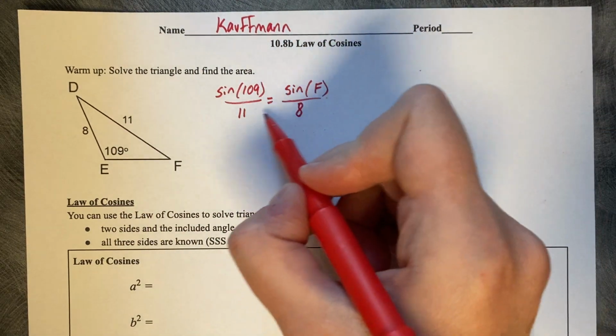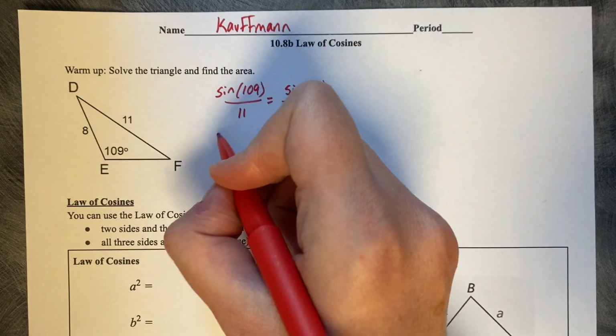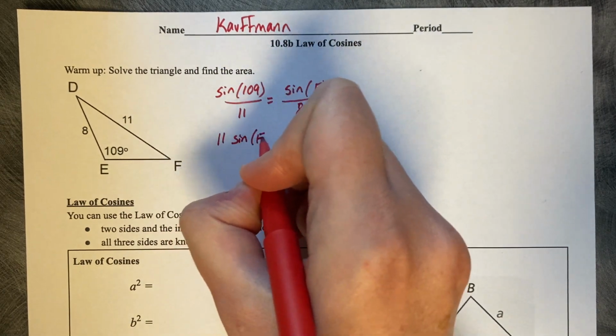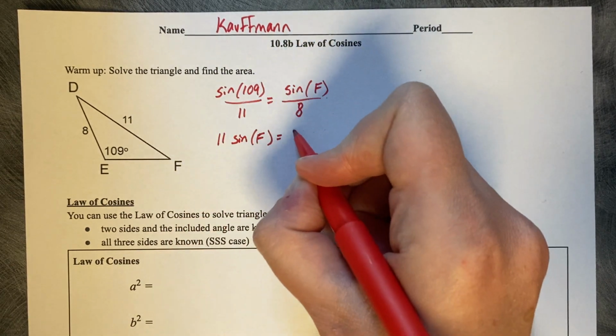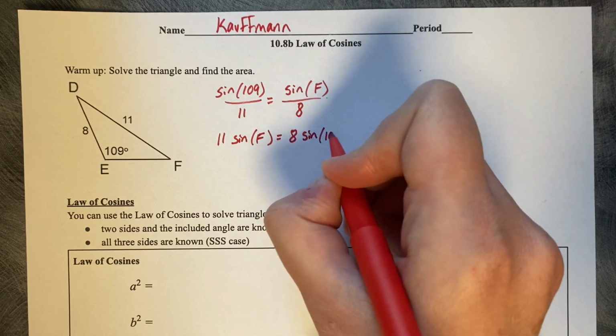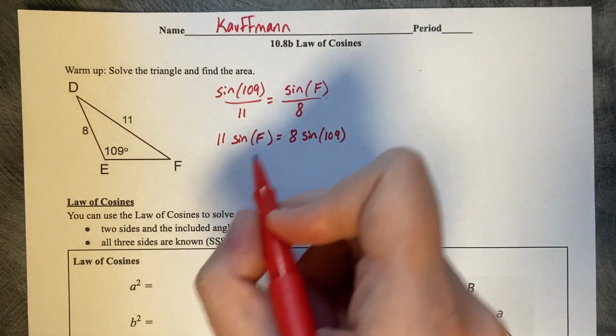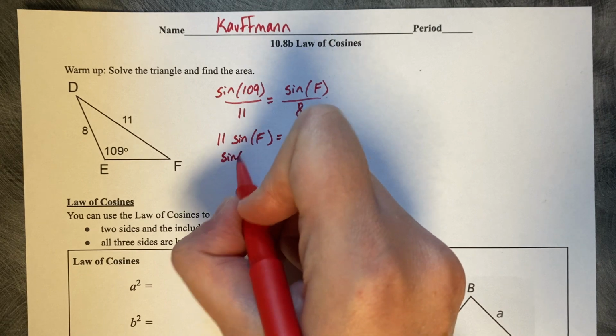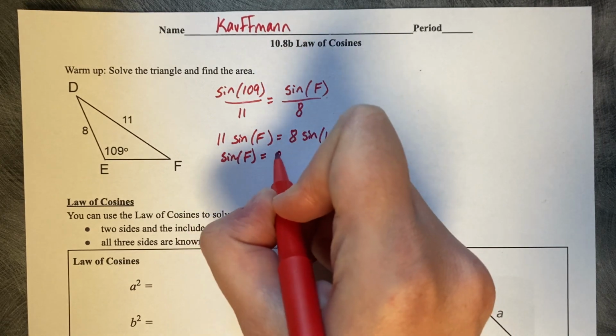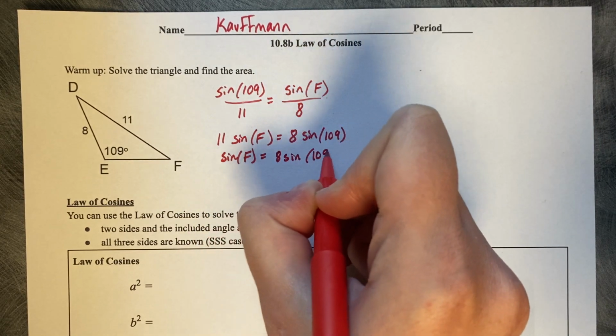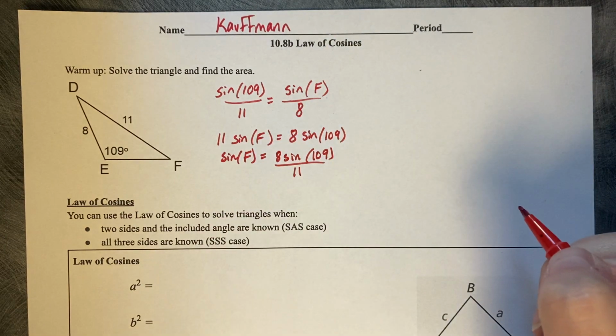We're going to cross multiply, so 11 sine of F equals 8 sine of 109. Divide by 11, so the sine of F equals 8 sine of 109 divided by 11.